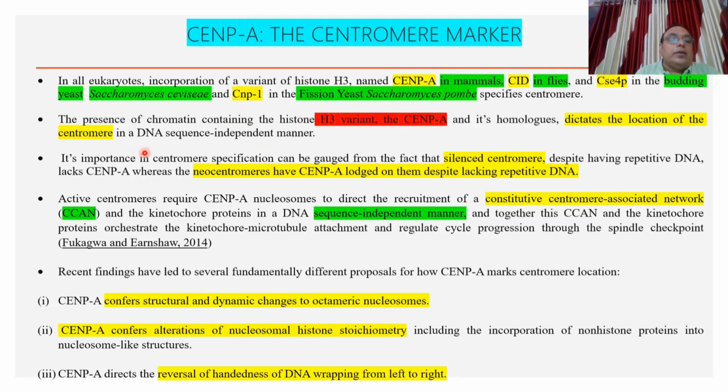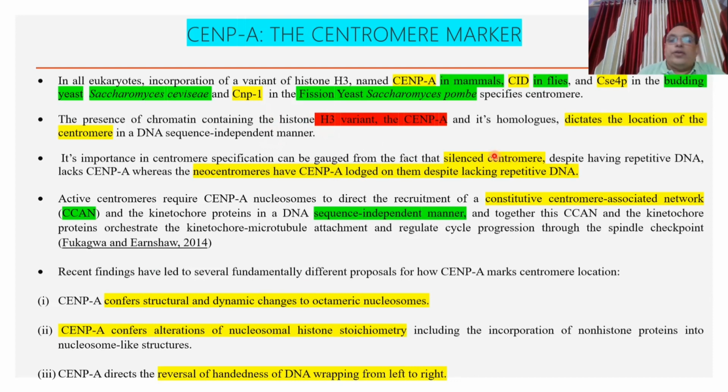Here the centromere marker is CENP-A, and even if the normal chromatin arrangement found in the normal centromere is not present, the mere attachment of CENP-A to any new point of the chromosome will induce it to act as a centromere. That new point, which has begun acting as a centromere, is called a neocentromere, whereas the previous point, which no more acts as the centromere, is called a silent centromere.